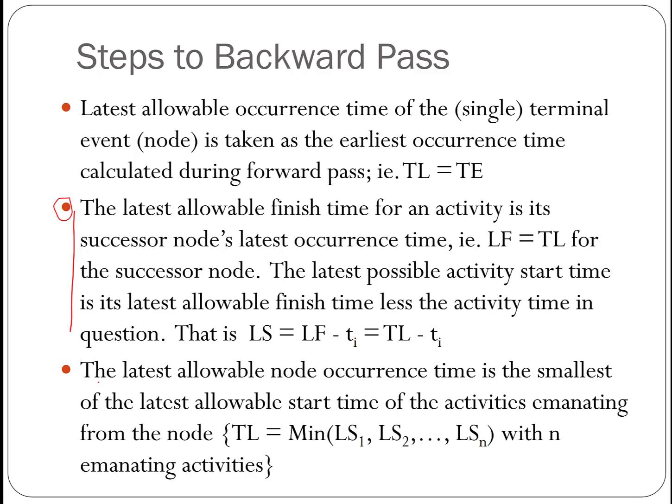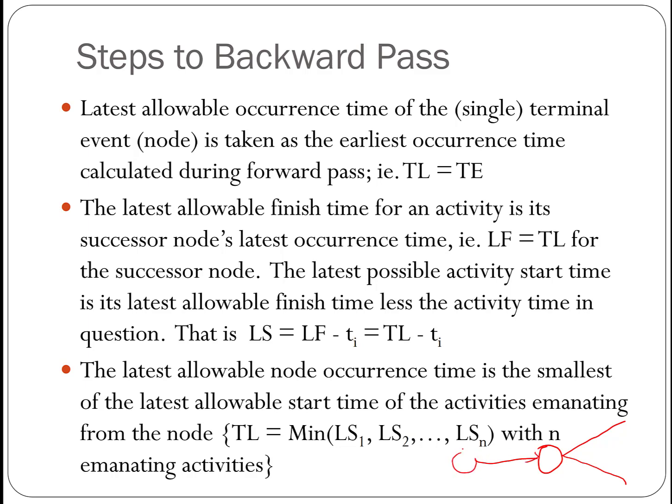Then the latest allowable node occurrence time is the smallest of the latest allowable start times of the activities emanating from the node. So when we go backward, that has some activities that follow it.